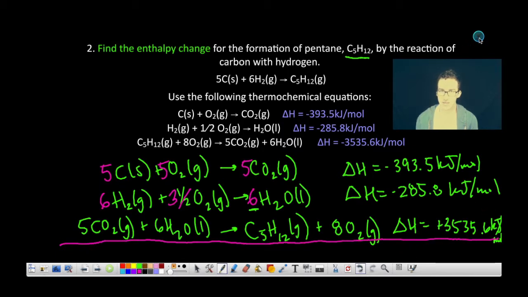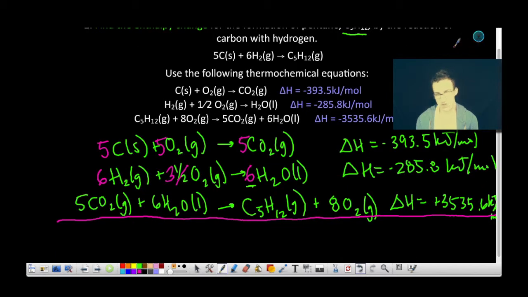As I sum these equations together, essentially completing Hess's law here, you should recognize that the 5 moles of oxygen on the reactant side in the first equation plus the 3 moles of oxygen on the reactant side in that second equation will effectively cancel out the 8 moles of oxygen on the product side of that last equation.